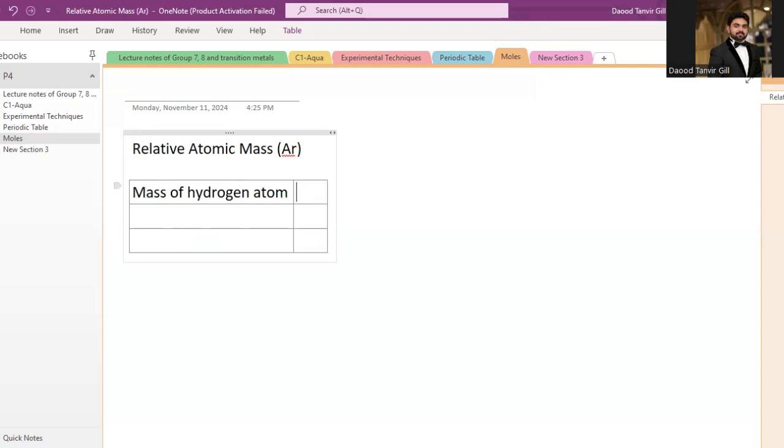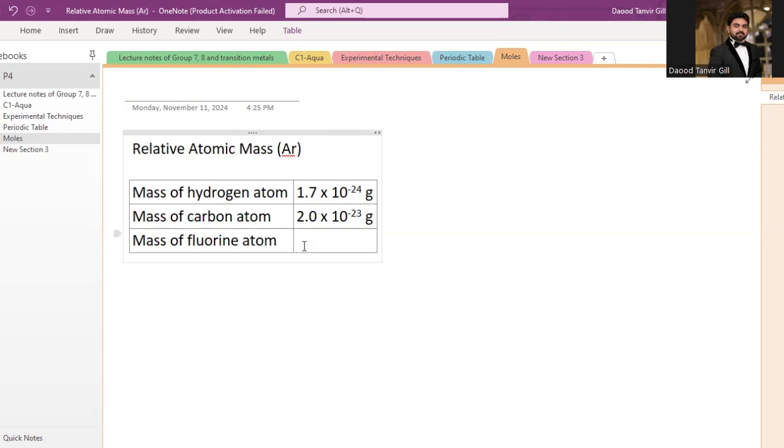Its mass is around 1.7 into 10 raised to power minus 24 grams, and the mass of carbon atom is around 2 into 10 raised to power minus 23, and the mass of fluorine atom is 3.2 into 10 raised to power minus 23. Fine. So these are the masses.